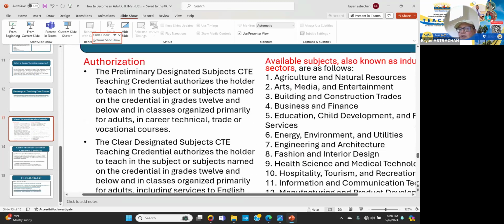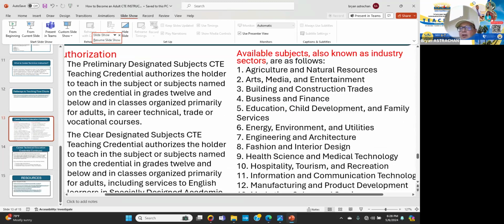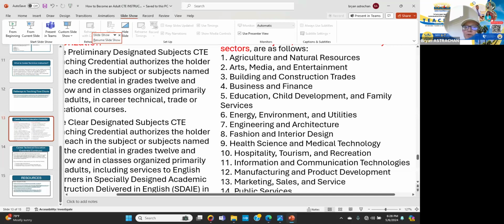Let's see, do we have any other questions? Okay, very good question. So building and construction trades includes custodial. Somebody asked about custodian. Yes. And LA Unified, El Monte, a number of the adult schools under their CTE, Career Technical Education, have training programs to train individuals to get jobs as custodians.